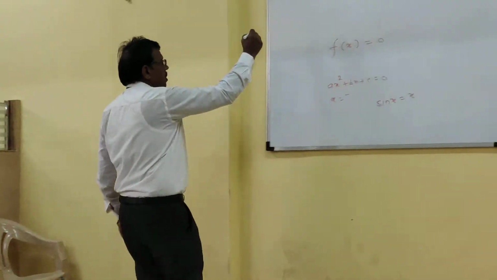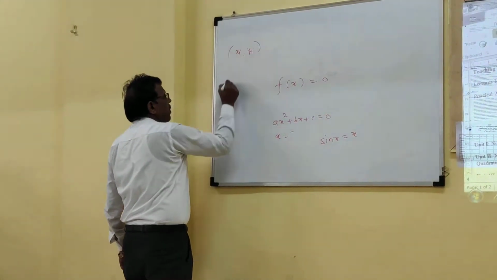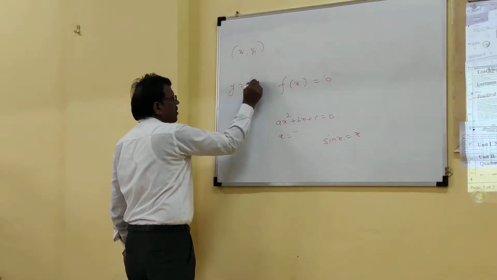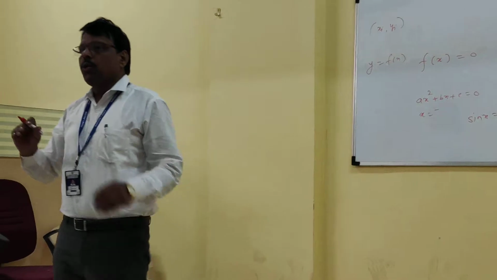How can we use this in the field? In the field there are a number of points x comma y we can obtain, xi comma yi. Every time the relation y equal to f(x) is not possible, so we can convert it into the form of f of x comma y equal to 0, a relation between x and y, in plane coordinate geometry.